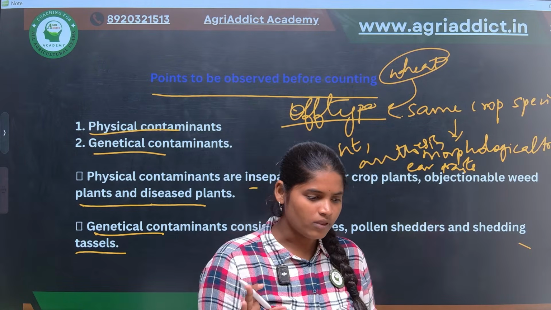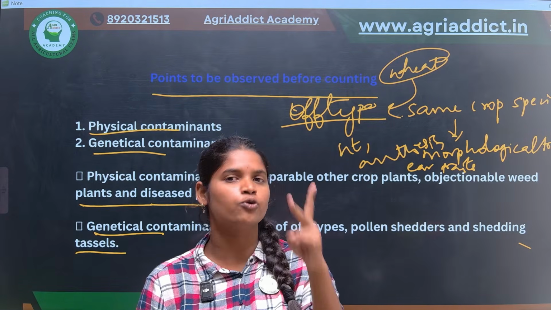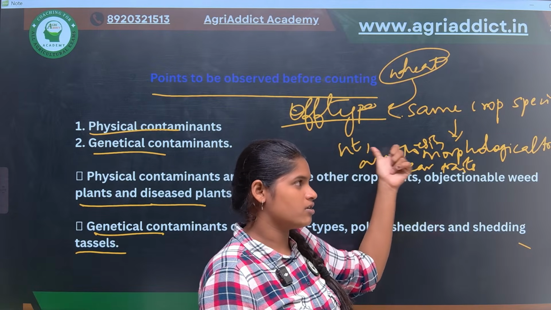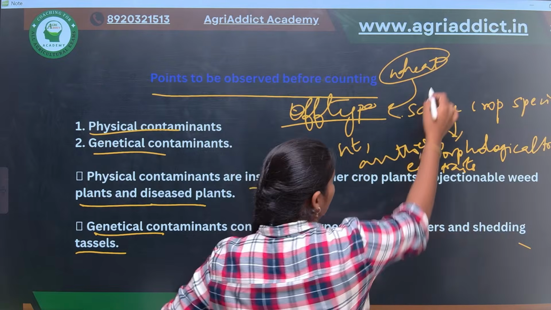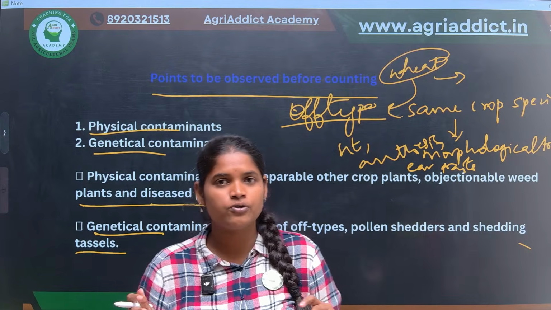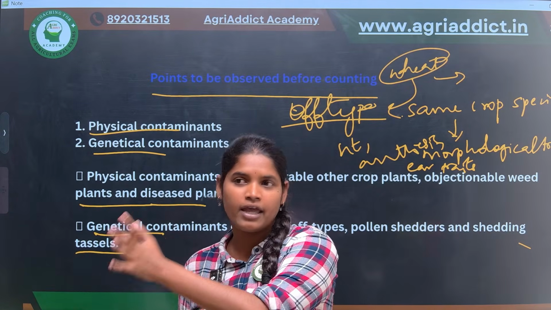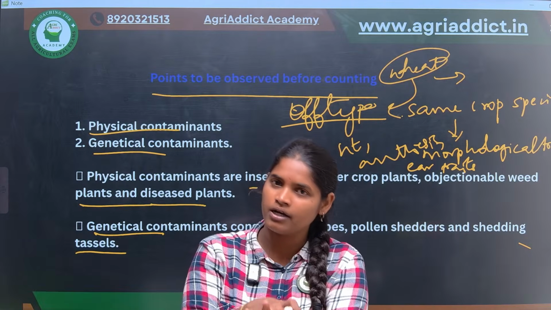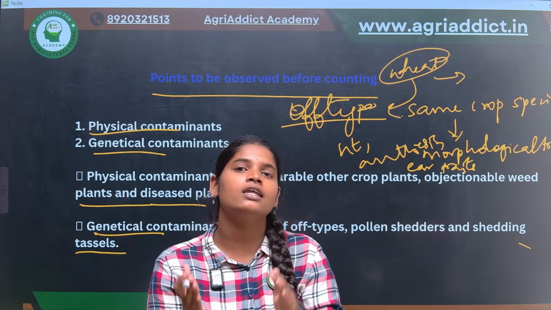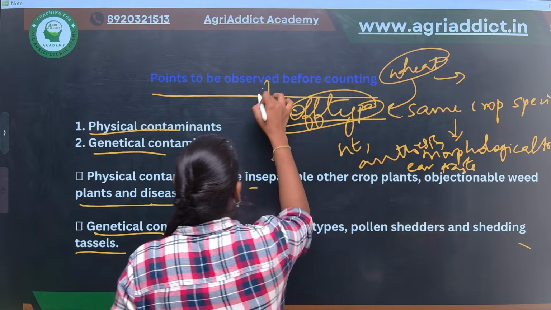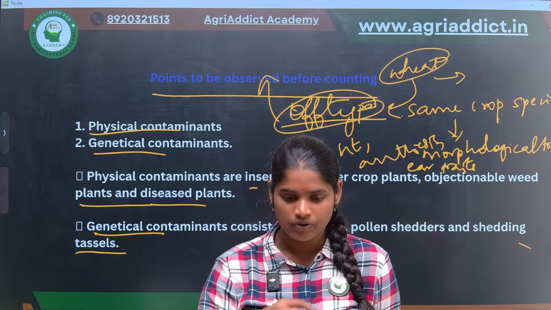While inspecting, what the field inspector has to observe, for every type of contaminant, is whether this off type is coinciding with the maturity of our seed crop, that is wheat. We are going for certification of wheat, for example. We have to see if this off type is maturing at the same time as our main crop. Then obviously it will cause some contamination, like mechanical admixtures. Then he has to count it as off type, and he should inform the farmer that he should rogue out this off type immediately.